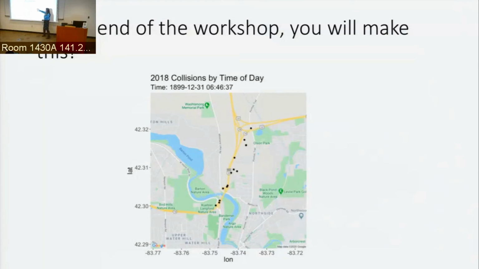And what we're plotting is over the course of a day, on average, how many collisions are happening at 8 o'clock, 9 o'clock, 10 o'clock. So it's just cycling through to show you the bursts of times when it's really bad on average, okay? So, inspiration for the rest of the workshop. How do we do this?